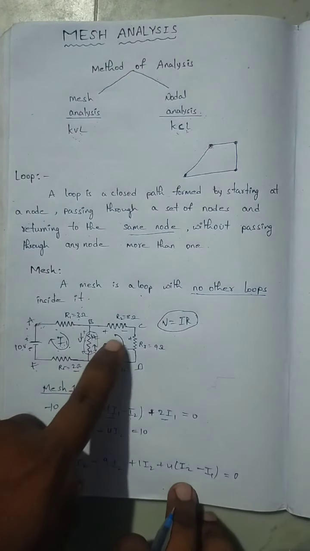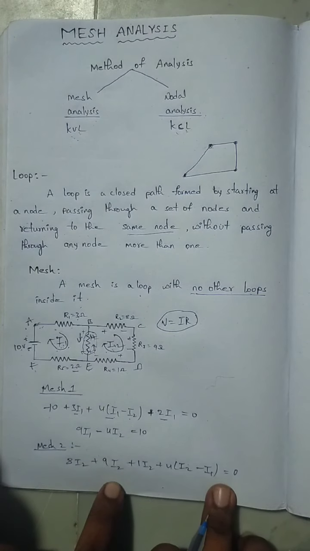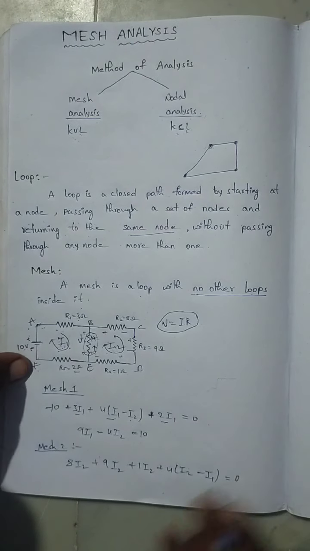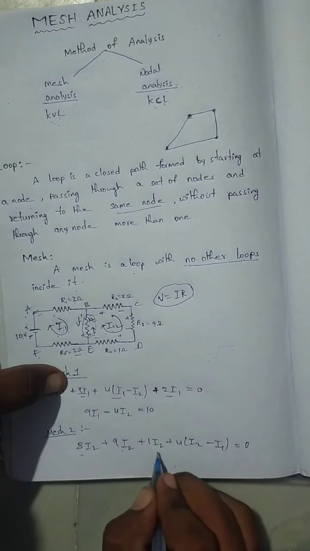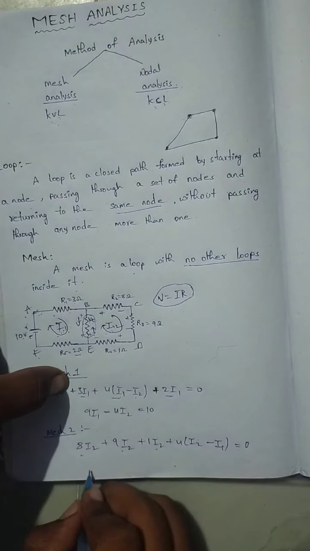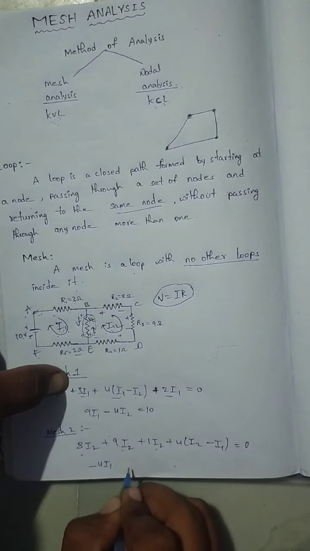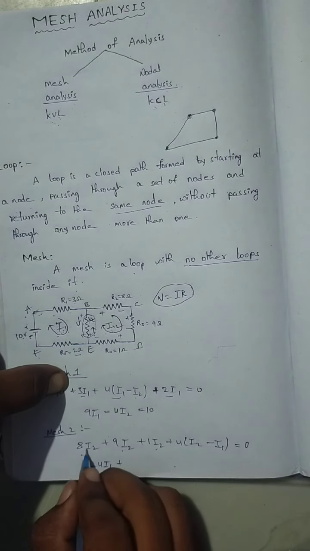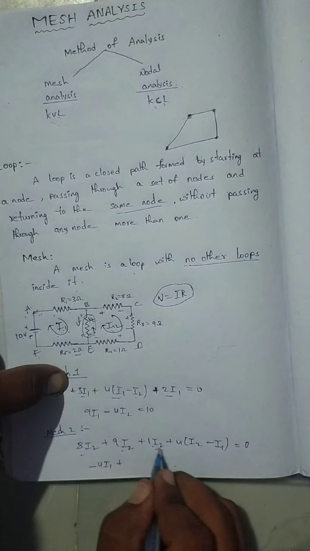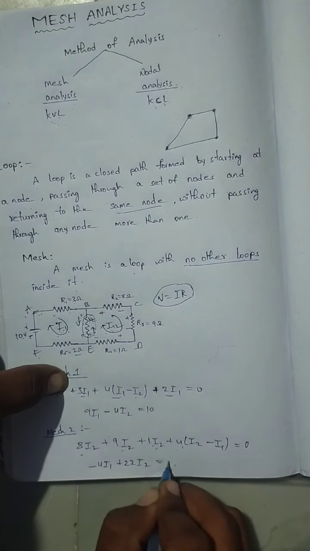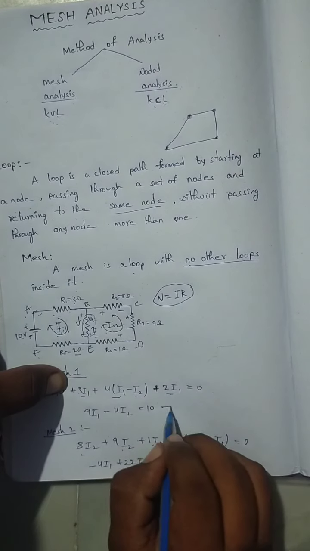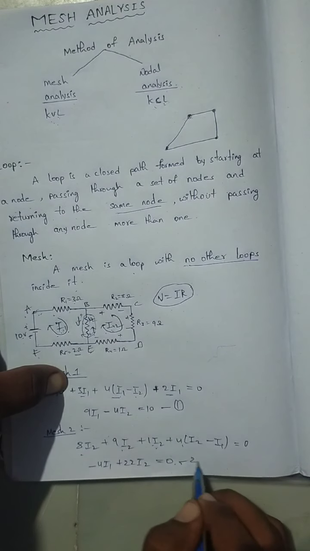So minus 4I1 plus 22I2 is equal to 0. This is equation 1 and this is equation 2.